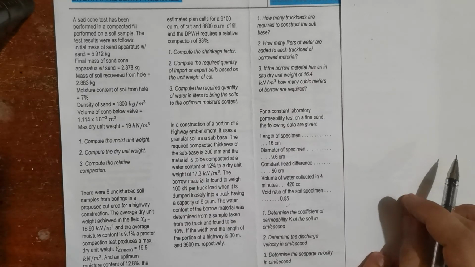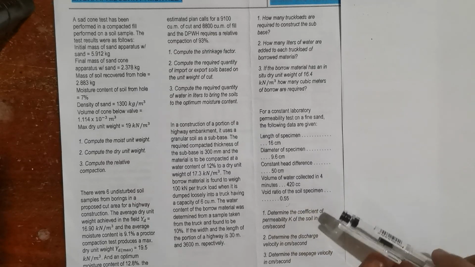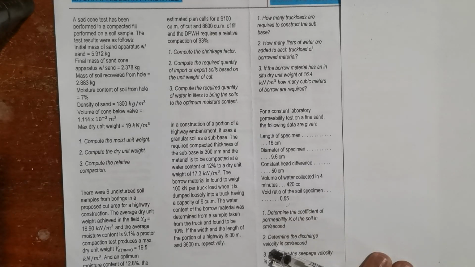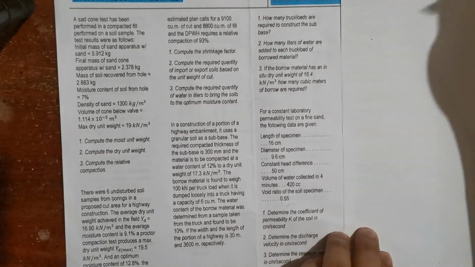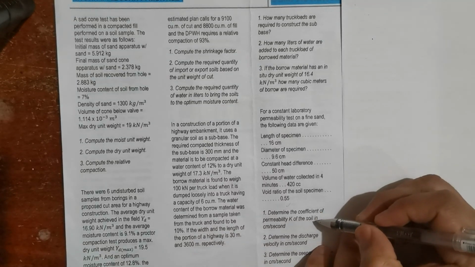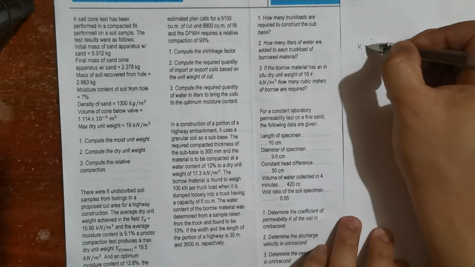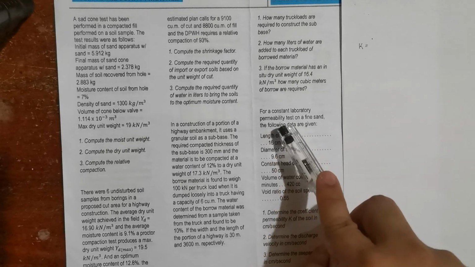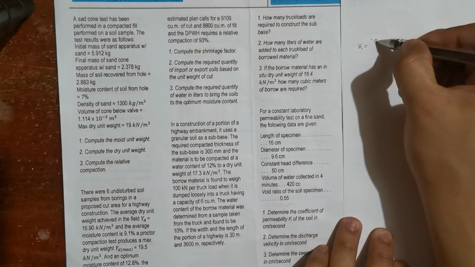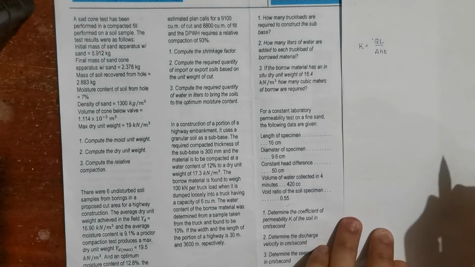And we are required to determine the coefficient of permeability in centimeter per seconds, the discharge velocity in cm per seconds also, and then the seepage velocity in centimeter per seconds. So first one is the hydraulic conductivity, and the formula of hydraulic conductivity for a constant laboratory test of permeability is QL over AHT.